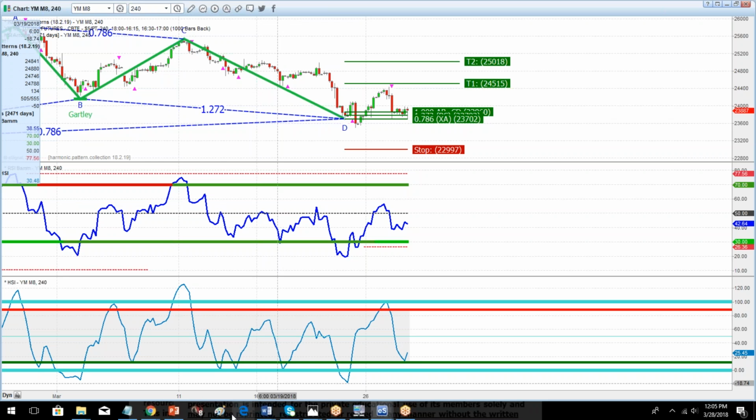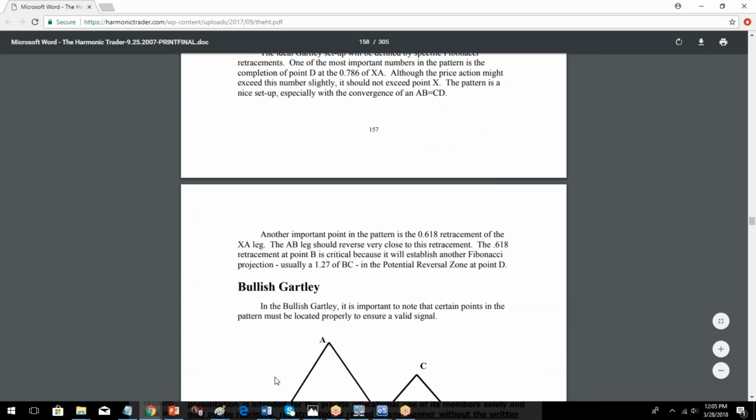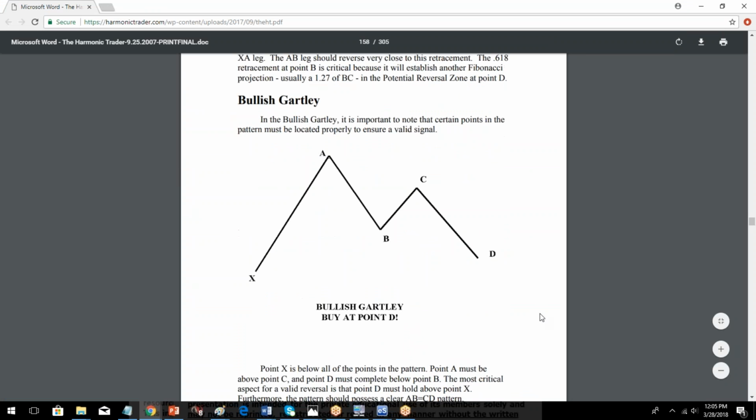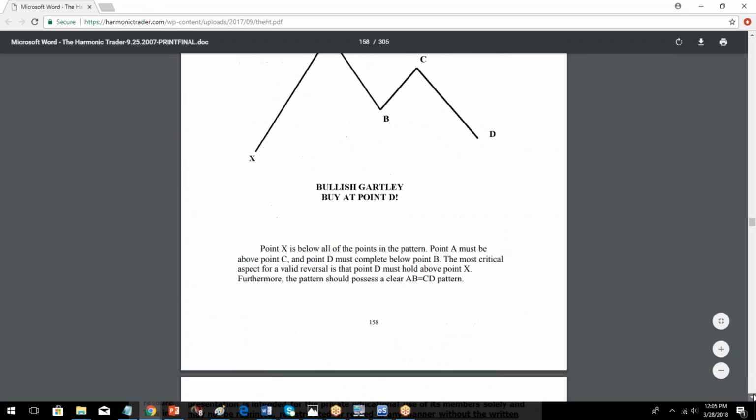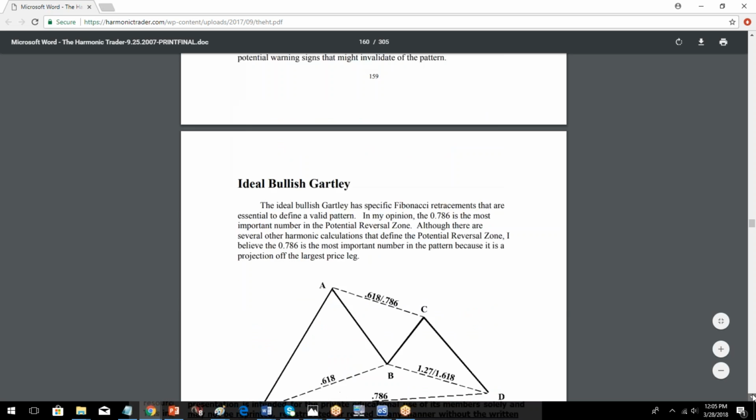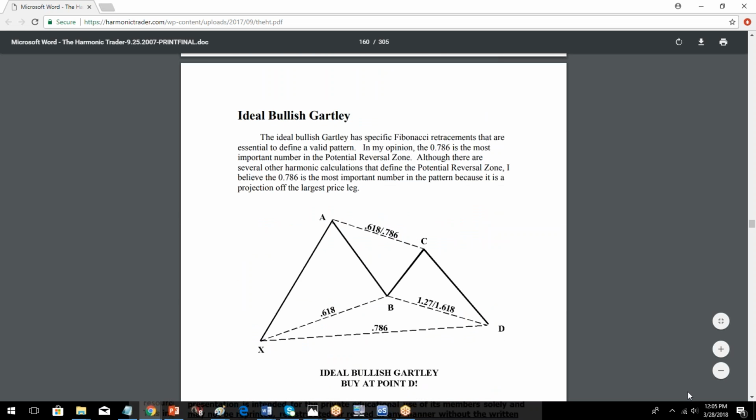So a lot of my initial work, especially with my first book, right here, The Harmonic Trader, was to define the rules that separate these structures, this M formation, into an exact pattern, and how to separate those.